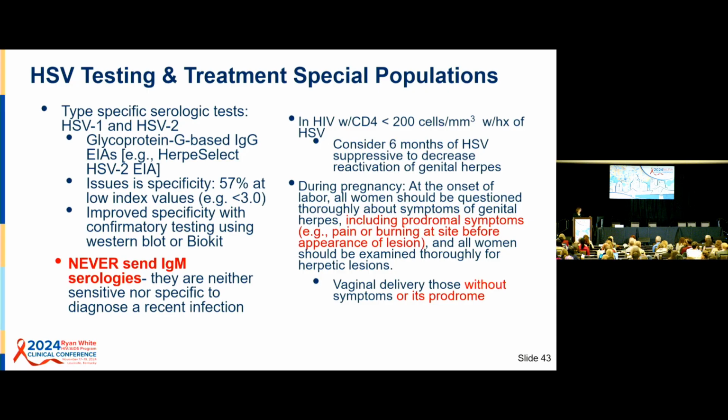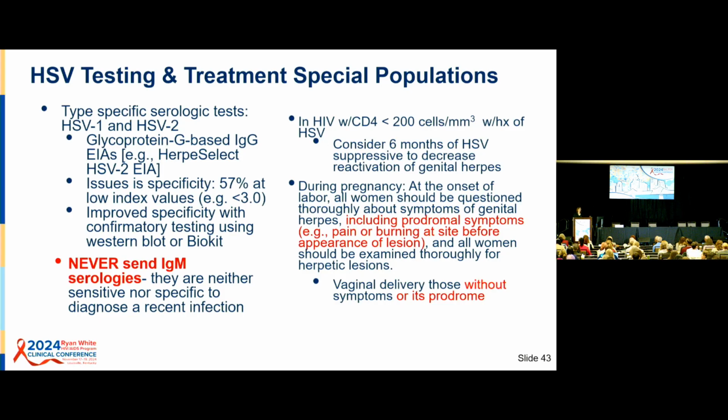For HIV, what's different in the guidelines is to think about treatment or suppressive treatment for those who are starting on antiretrovirals, because if somebody has a very low CD4 count, the HSV can come out as part of the IRIS syndrome, and suppressing that and not letting the HSV come out is important.